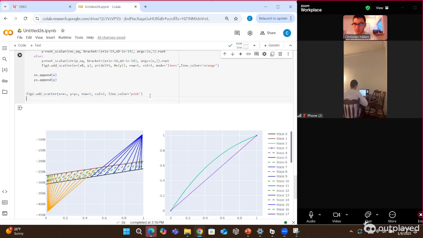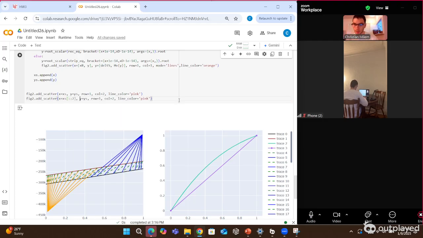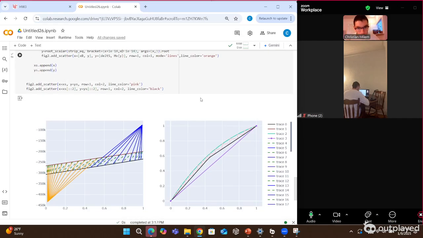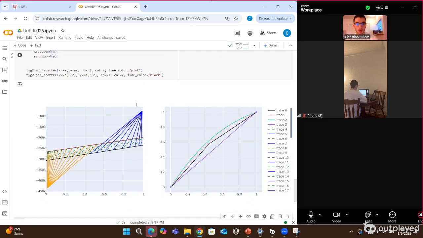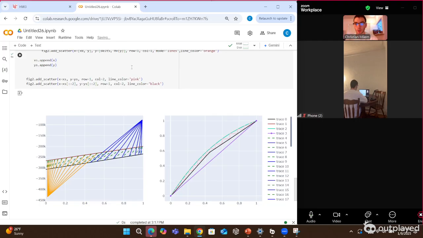It's going to be the same thing, but we'll need staircase. And we'll have that be black. Alrighty. Yeah, that's everything, and that wraps up Homework 3 Part D.